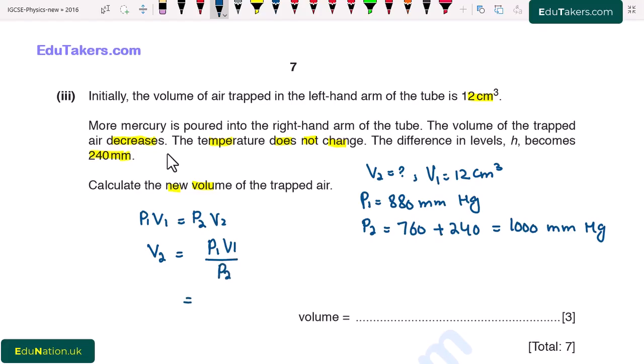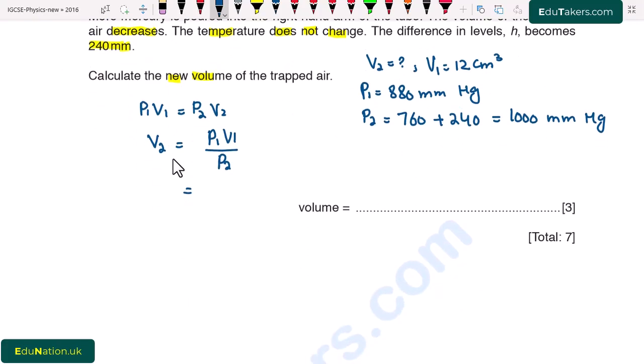So P1, that is initial pressure, is 880 multiplied by V1, which is 12, divided by P2, which is 1000. So the new volume V2 comes to be 11 centimeter cube. So I write here, volume is equal to 11 centimeter cube.